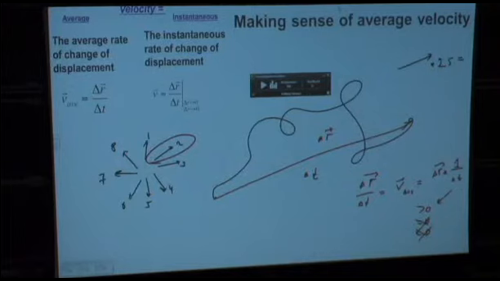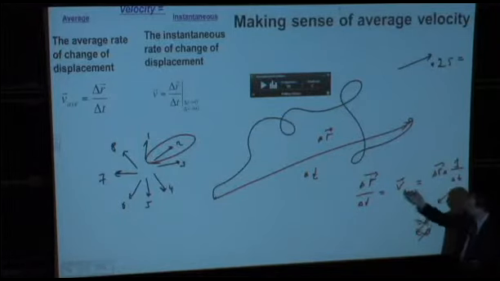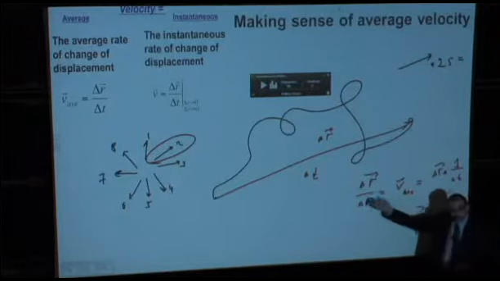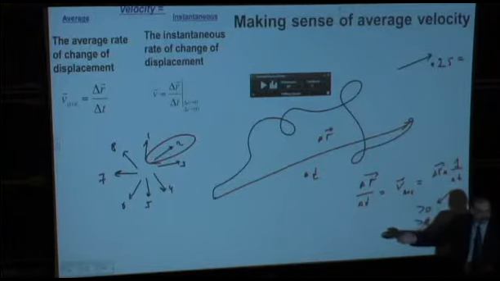Because again, change in time is never negative, it's positive. So if you have a vector and you multiply or divide by a positive number, you get a vector which has a different magnitude, but it has the same direction as the original vector. So to describe this situation in words, we should say the average velocity is just a vector which is parallel to the total displacement.